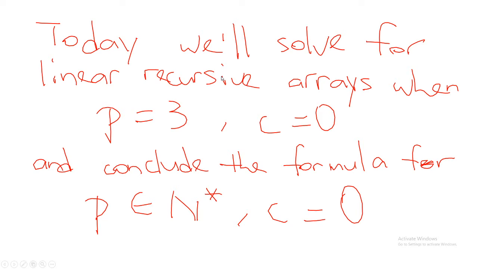Today, we will solve for linear recursive arrays when P is 3 and C is 0, step by step, and conclude the formula for every P that is a positive integer and C is 0. To conclude the formula, we must cheat a bit, or the calculation required will be very obvious.